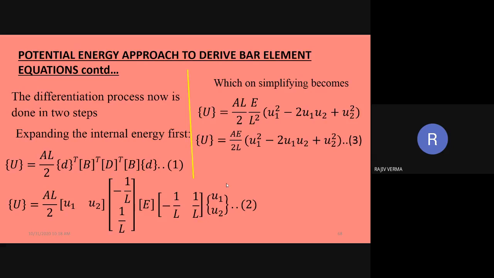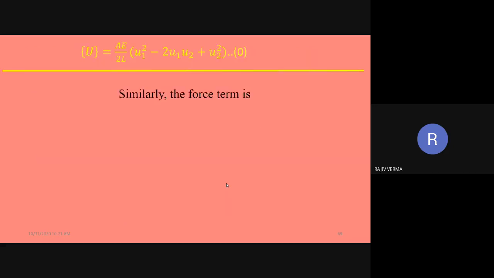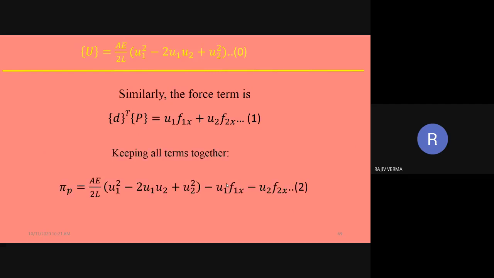Now similarly, the forces can also be expanded, that is in equation number 1, and when you add equation number 0 and equation number 1, you get the entire expression for the energy term, which is given in equation number 2. This obviously has two unknowns given by U1 and U2.